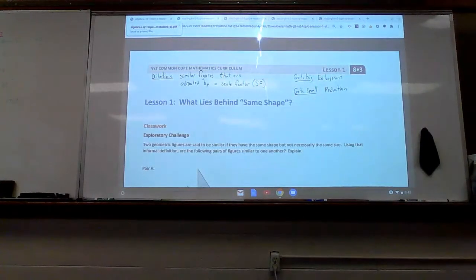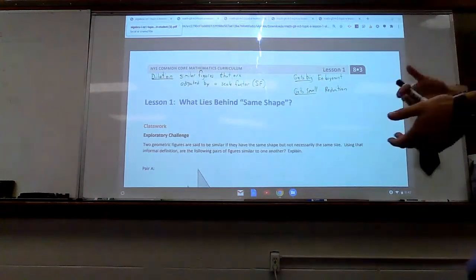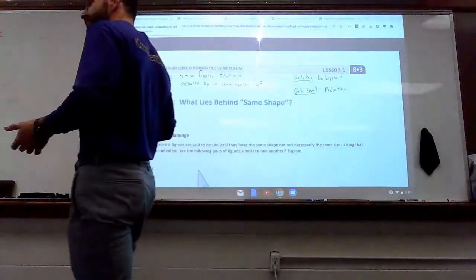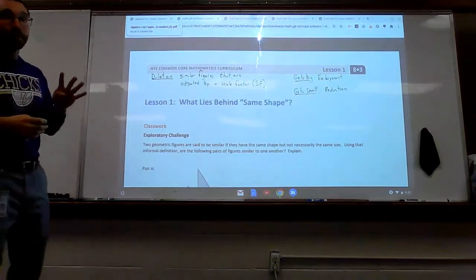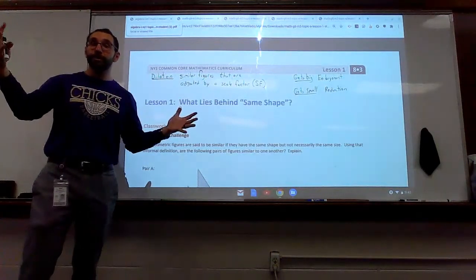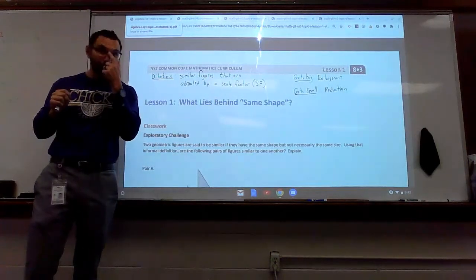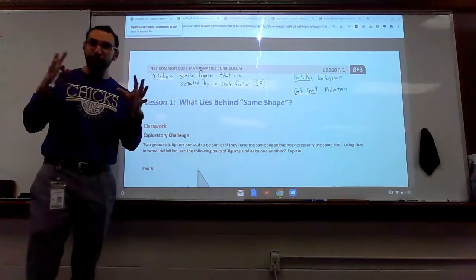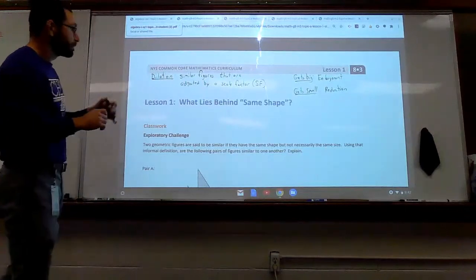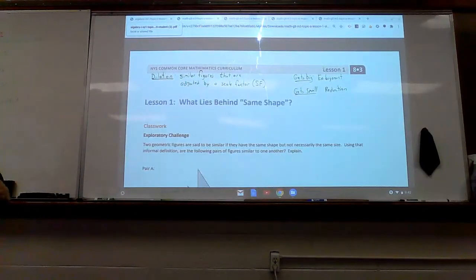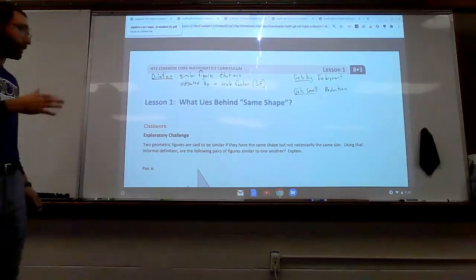So similar figures are usually based off of a scale factor. Scale factor is something that we're going to multiply by. So if the scale factor is 4, 4 is greater than 1, therefore our figure will get bigger. If we, let's say, multiply by 1/2, it's smaller than 1, it will shrink. So an enlargement, reduction. Okay, so dilation is a similar figure that's adjusted by a scale factor.